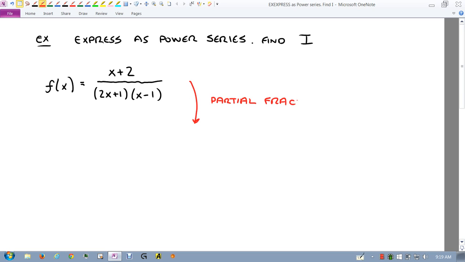That we should all be at least comfortable with the idea of what I would do to get to the next line. So the next line would require some work, and you'd have to work this out yourself: 1 over x minus 1, and then minus 1 over 2x plus 1. So if you believe that that would turn into that, then we can proceed.